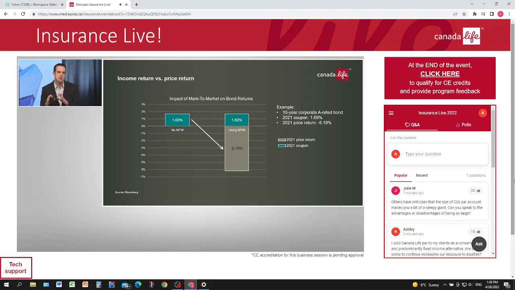PAR is a very unique product in that for all of our fixed income assets that we don't divest in a given year, which is a majority, we only include the income or the coupon portion of fixed income returns in our DSIR calculation. So on the slide here, you can see the teal portion. That's what we include in the DSIR calculation.